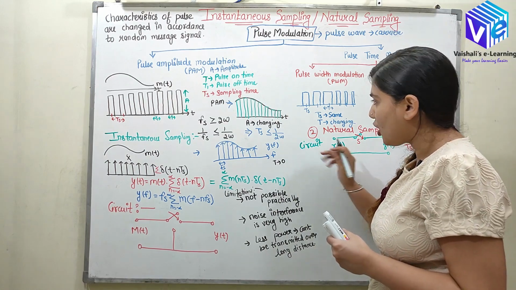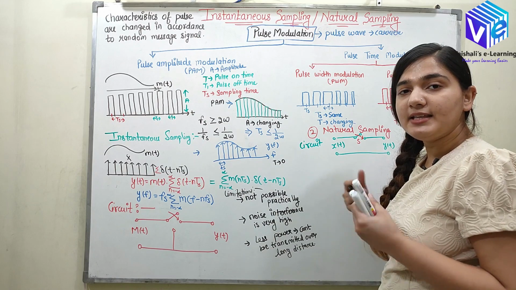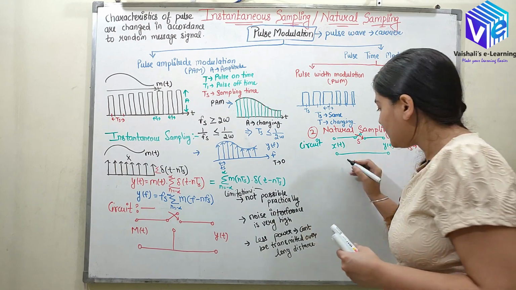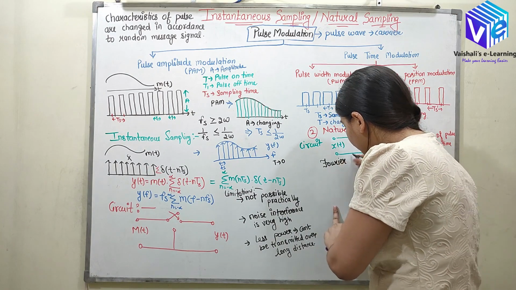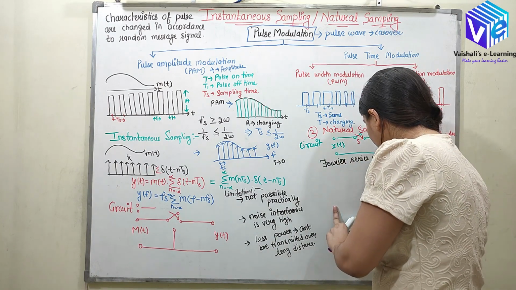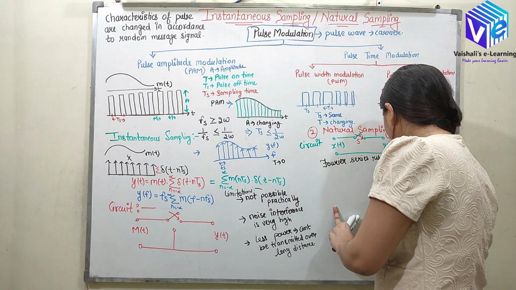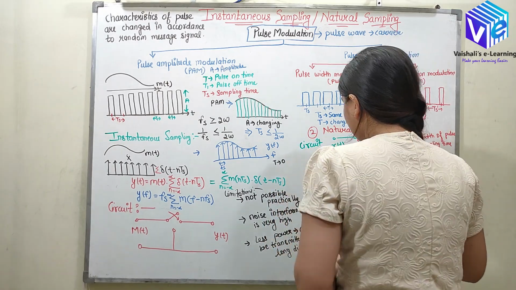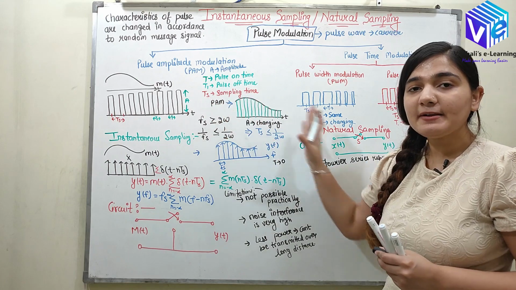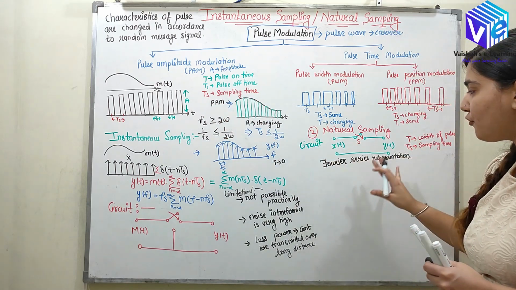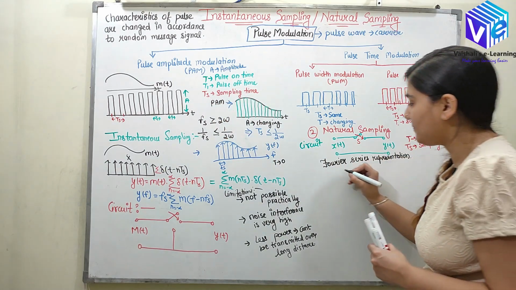Now if I talk about these pulses, they are denoted by the Fourier series. Now I have pulses which are repeating periodically, so I can have a Fourier series representation of the pulse.